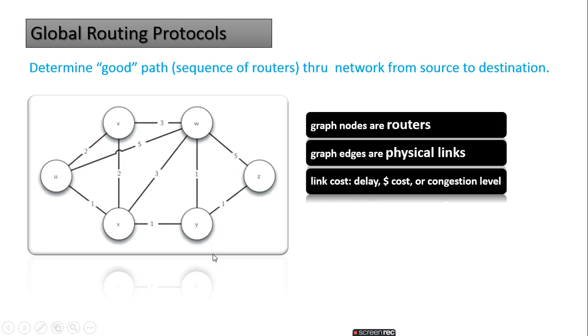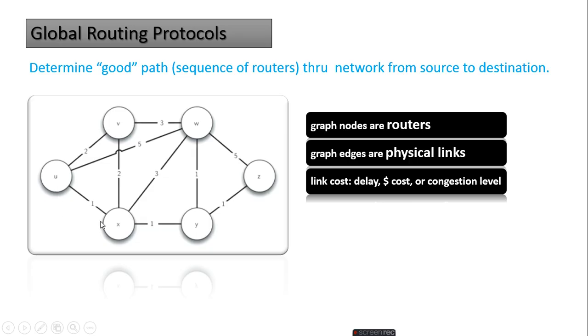Look at this example. Here we have the nodes U, V, W, X, Y and Z. These are routers and you can see the links between them, the connections between these routers, and I have given a number to indicate the cost of these links.